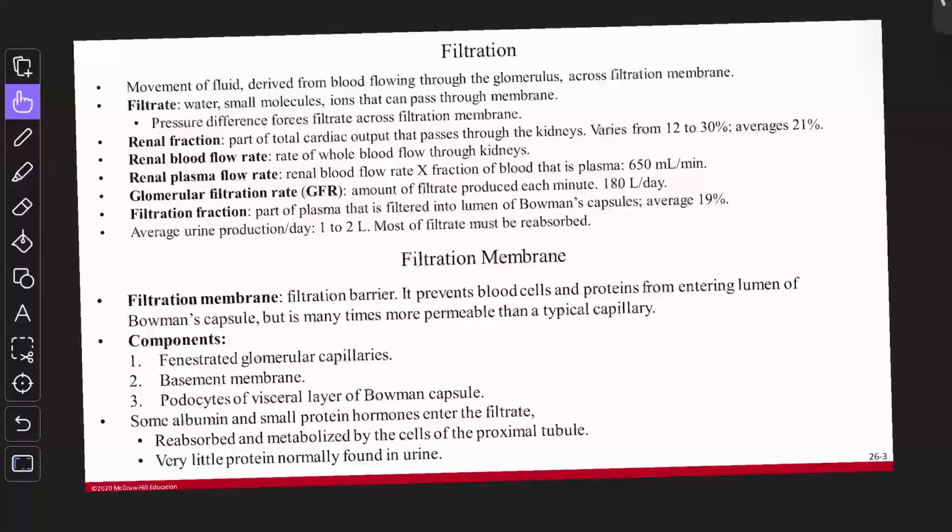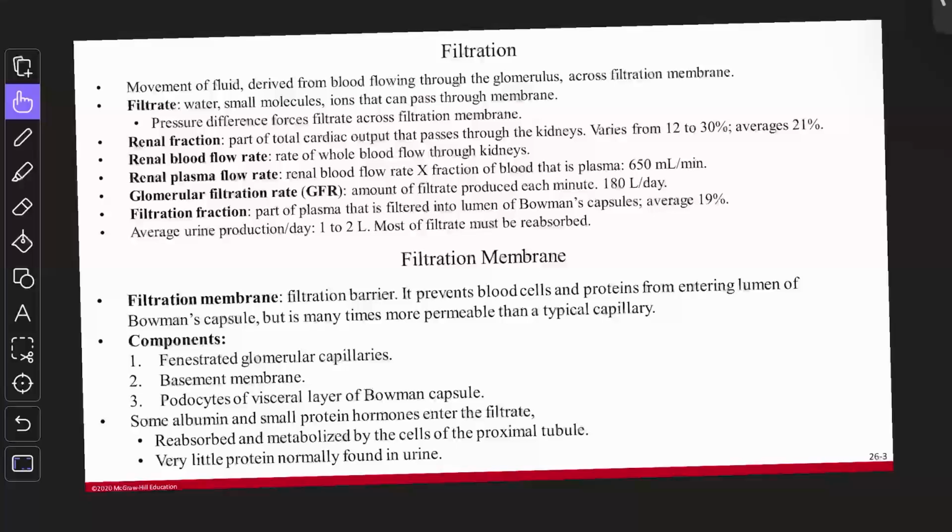Average urine production is somewhere around 1 to 2 liters per day. That number you should know. Most of what gets filtered, so go back and pay attention to that, right? Glomerular filtration rate: you're filtering 180 liters of filtrate per day.